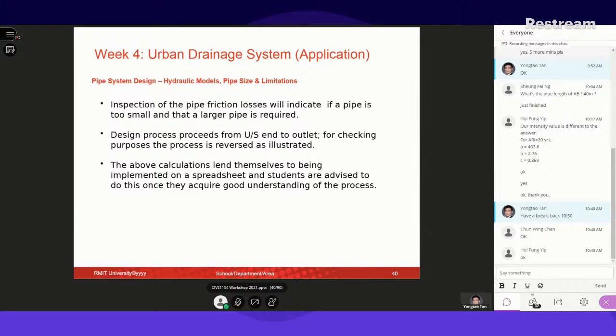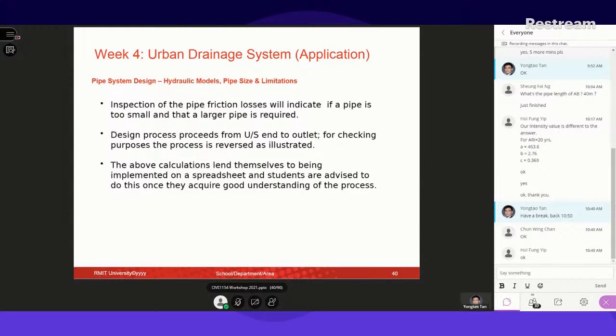The design process proceeds from upstream to the outlet, meaning from the upstream pipe to the outlet. For checking purposes, the process is reversed as illustrated, meaning you need to check from the outlet back to the upstream pipes.